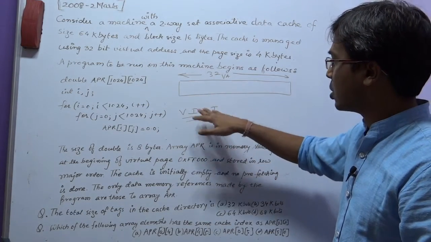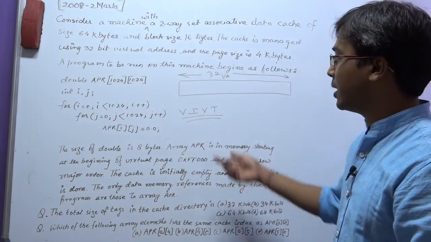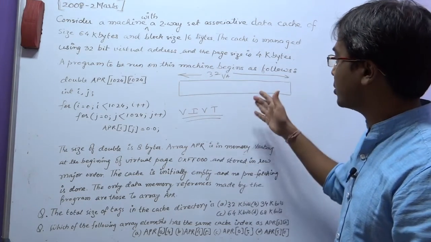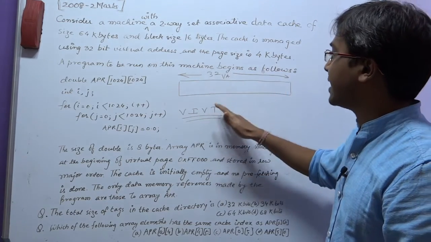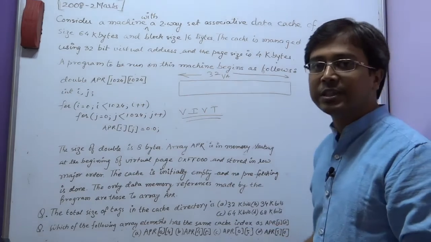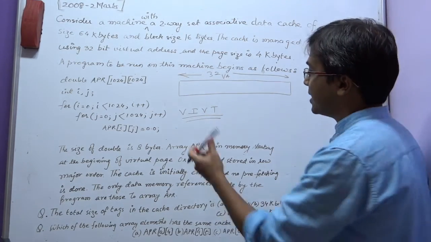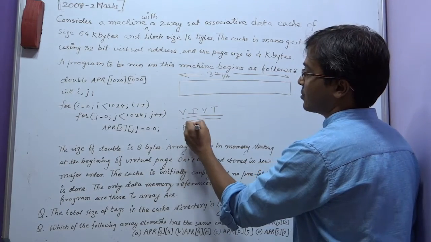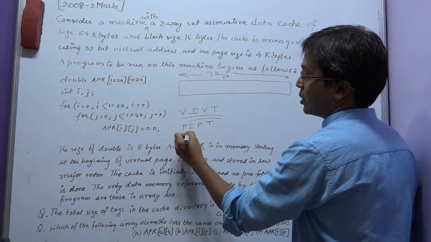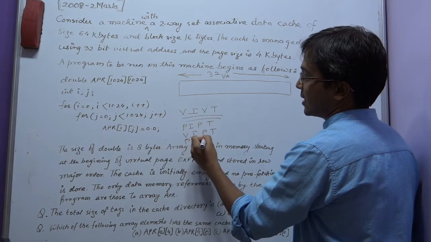This is not very important from the point of view of the GATE examination, but it is good to know that this kind of indexing and tagging exists: virtually indexed, virtually tagged cache. There are three other kinds of indexing and tagging: physically indexed, physically tagged; virtually indexed, physically tagged; and physically indexed, virtually tagged.